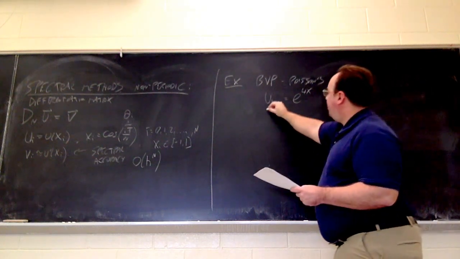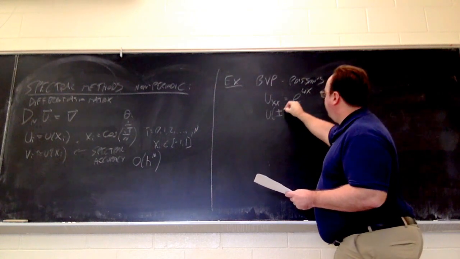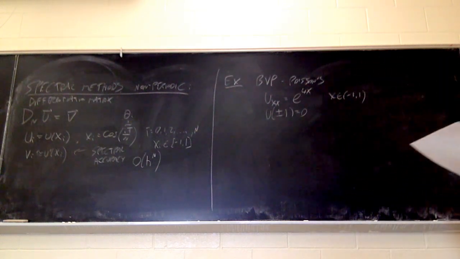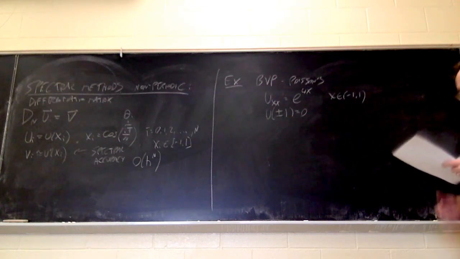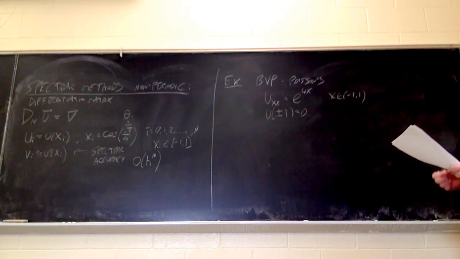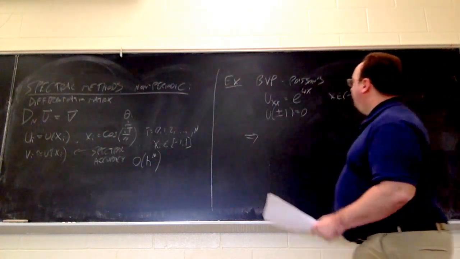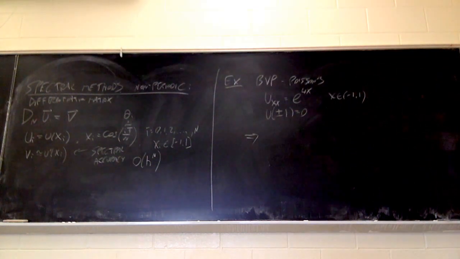And then we have homogeneous Dirichlet boundary conditions. So u is equal to 0 at plus or minus 1. So how we solve this numerically, and yes, I know we can solve this analytically, but this is just an example for a method.